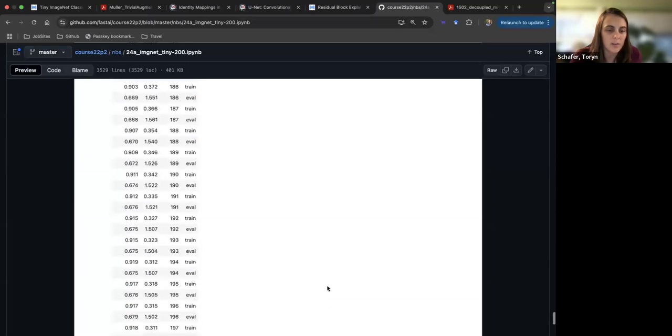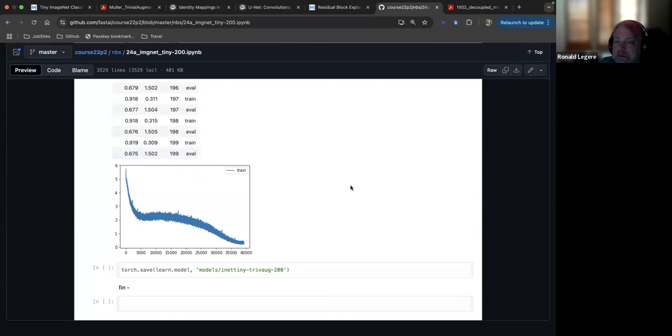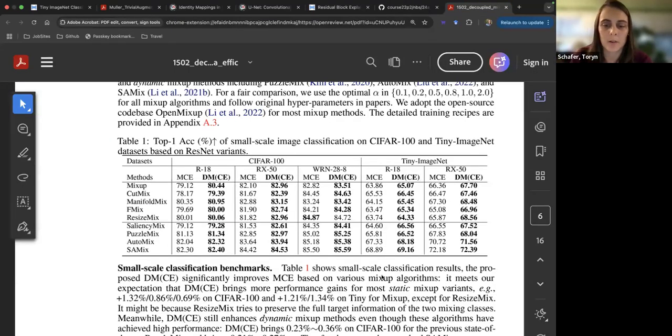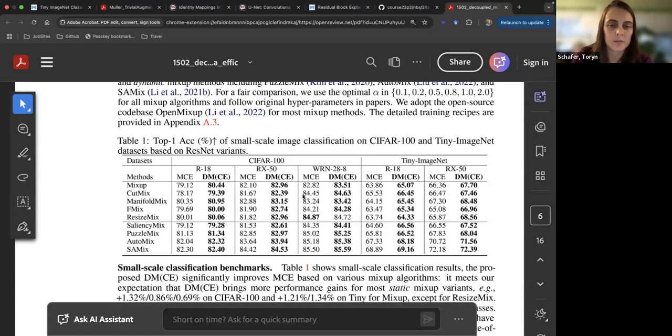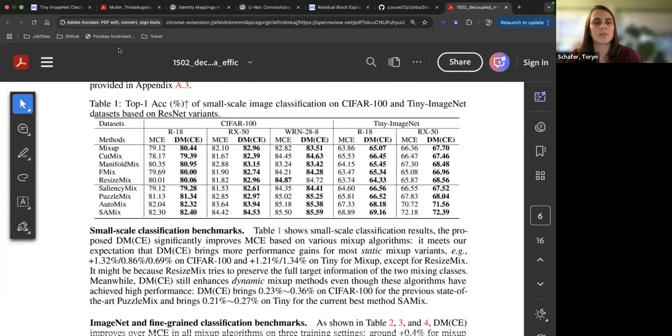Again, do not recommend running this at home. And he gained a few percentages, 67.5. The motivation was that in this paper I think they did like 500 epochs, so he wanted to do something on a similar magnitude.